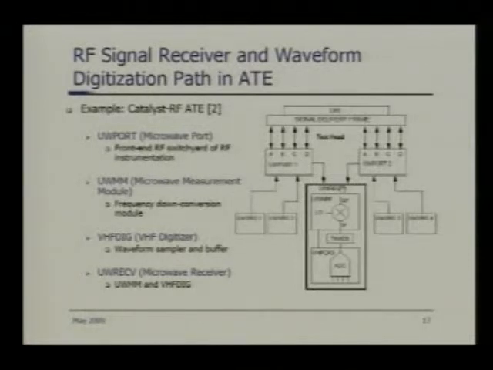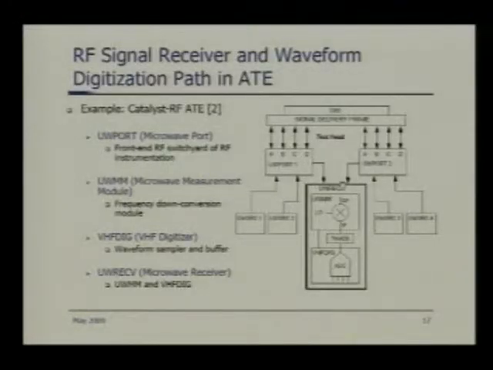By the way, this microwave port, microwave measurement module, very high frequency digitizer, microwave receiver, all of these are specific to the Catalyst ATE, but the names are going to be different on different platforms. In a bench environment, you are not going to have these names; you will have the entire thing in a single box called the spectrum analyzer.